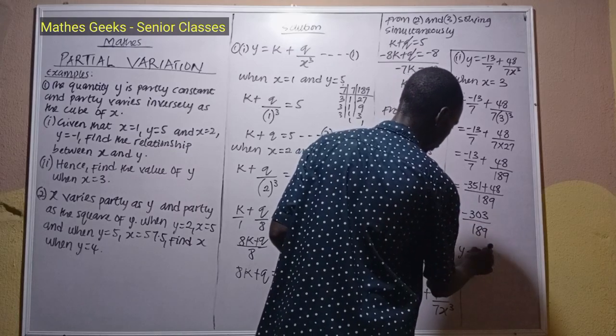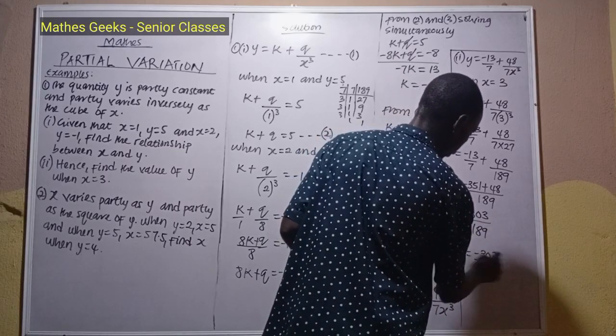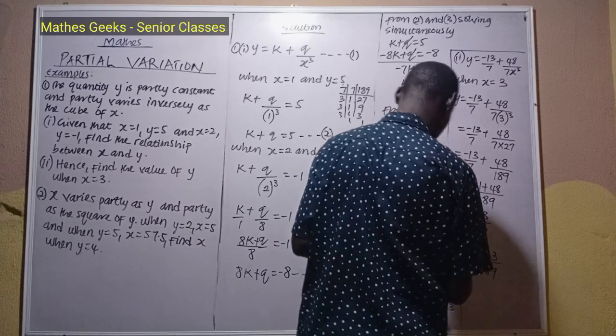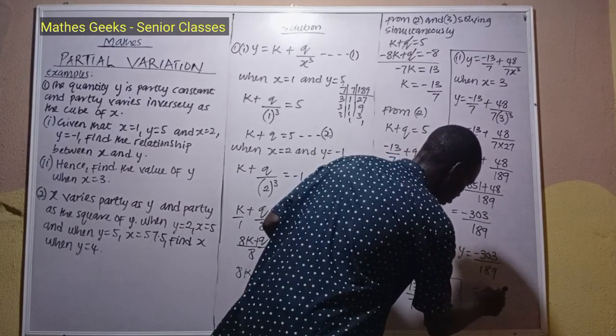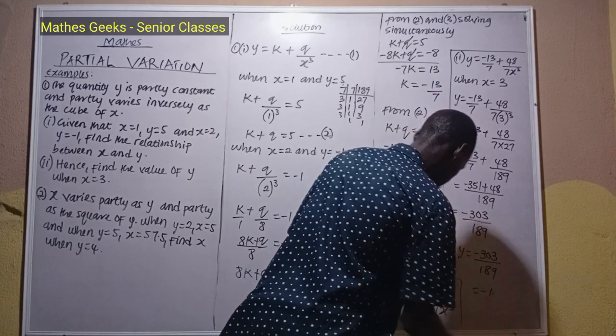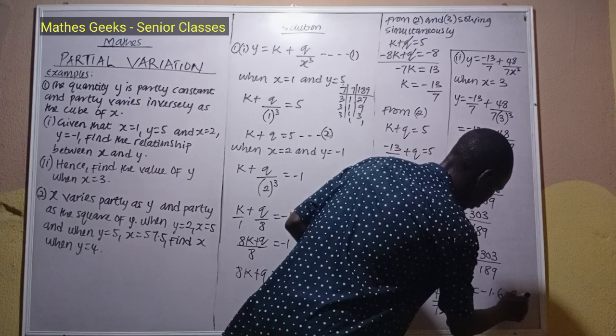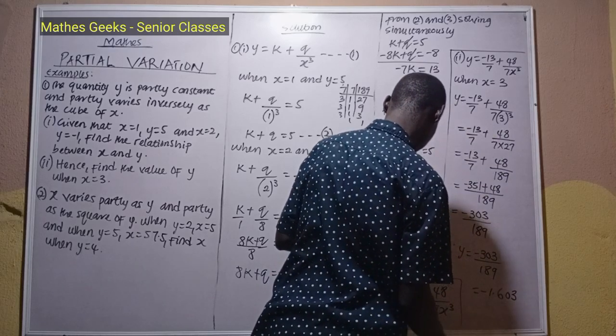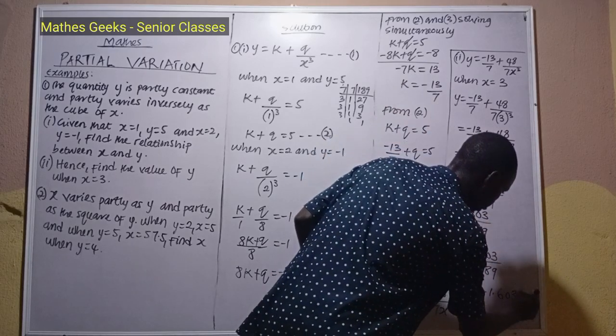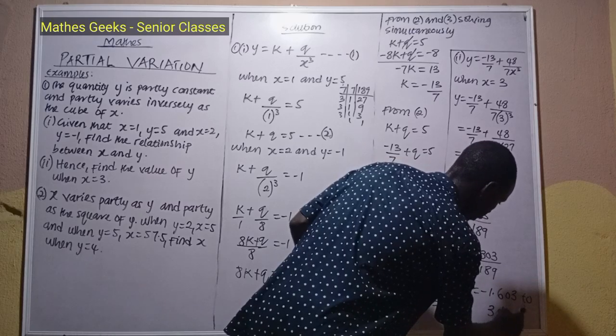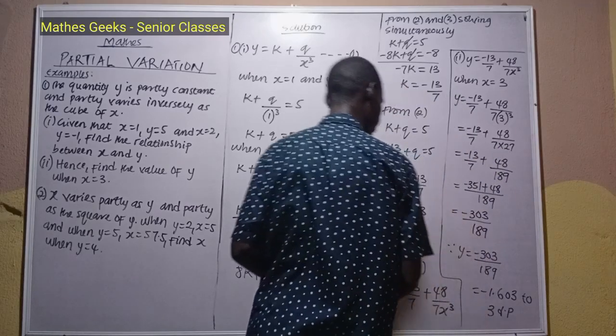Therefore y is equal to minus 303 over 189, which is equal to minus 1.603. So y equals minus 1.60 to 2 decimal places.